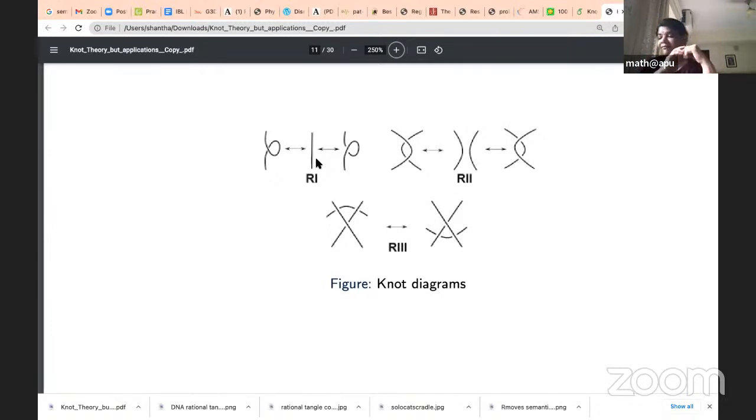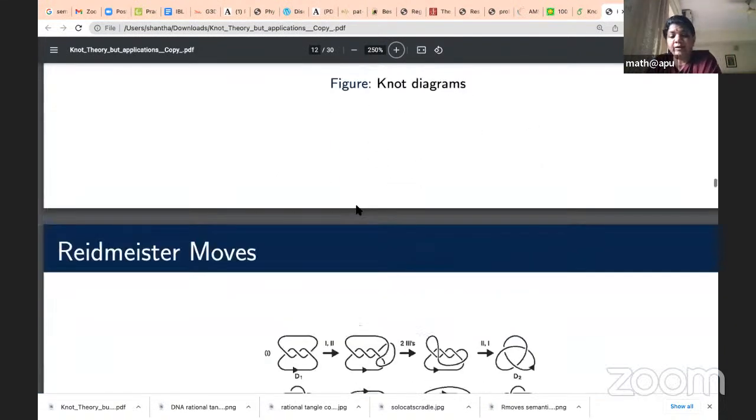We have not formally said what knot equivalence is. 2 knots K1 and K2 are equivalent if there is a set of homeomorphisms that continuously takes one knot to the other. I don't want to introduce the word homeomorphism, but the theorem is that if through these 3 Reidemeister moves we can go from a knot K1 to K2, then K1 and K2 are equivalent.